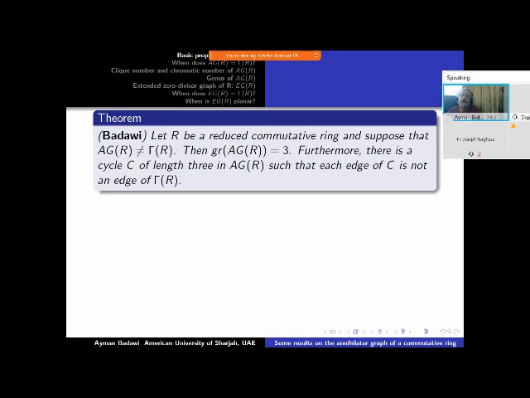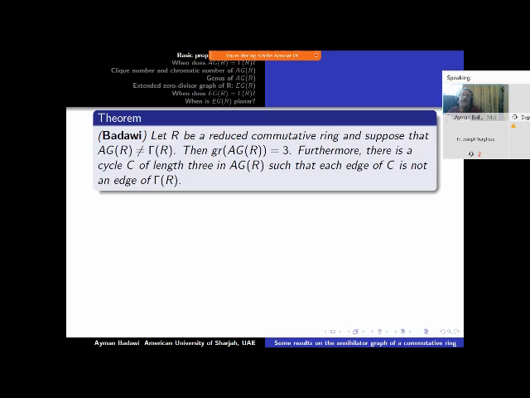So if you have a reduced ring, reduced means the set of nilpotent elements equals 0. There is 0 is the only nilpotent element of the ring.